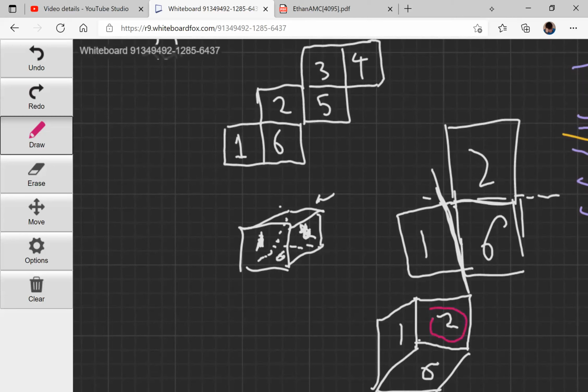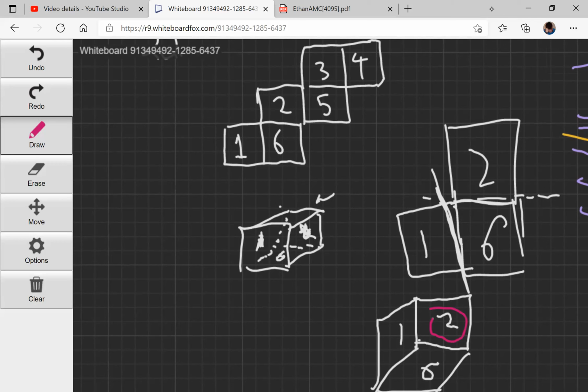Okay, well, what else is not opposite 1 then? What else is not opposite 1? 6.